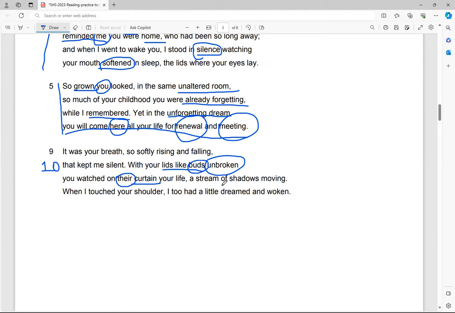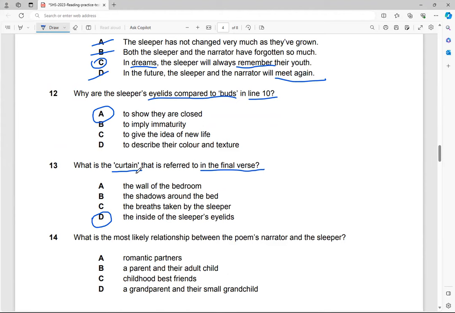And here we see that the buds are the lids, right? So really the possession is to lids. So on your eyelids, you see the curtain of your life. And what does that best match? That matches D. The inside of the sleeper's eyelids is the curtain. While dreaming, the sleeper sees their dreams on the insides of their eyelids.